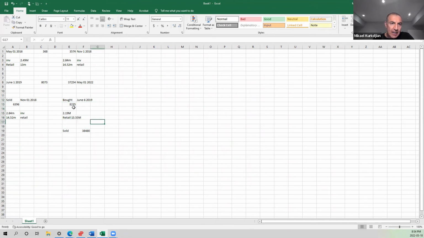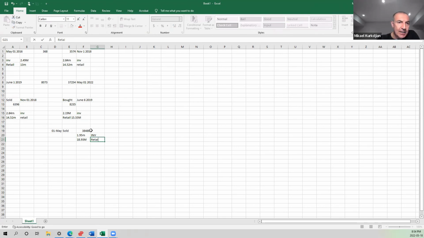On June the 6th, 2019, we had 2.19 million held by investors and 15.55 million coins held by retail. Now on May the 1st, we've sold at 38,480, and we had 1.95 million Bitcoin held by investors and 18.93 million Bitcoin held by retail.